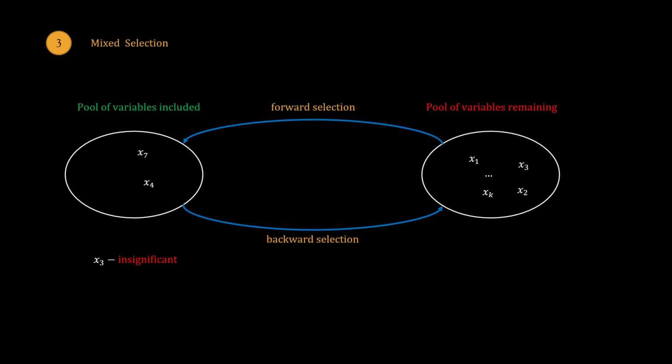And so on, until we reach some stopping criterion. Mixed selection is not a greedy approach because variables that were added earlier can also be dropped later on. So that's how it is actually superior to the previous two methods.